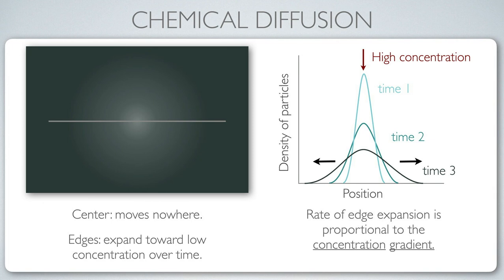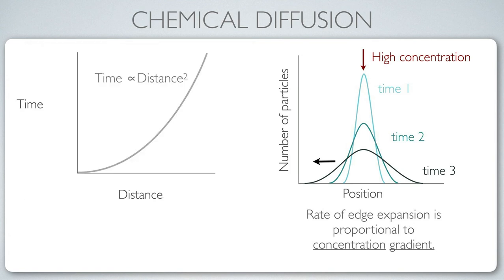Now let's consider how the particles move as a function of time. Let's just say we have this bolus of particles in solution, and let's track how long it takes for particles to reach some distance. So what we have here is how long it takes for those particles to move.